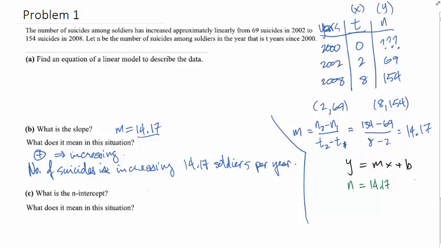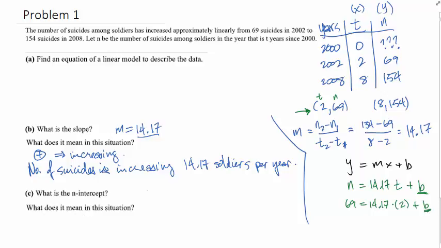Our x is actually t, and our b is the variable that we're looking for. So we're going to borrow some values from one of these points. Either one would work. Let me just choose the first one. So t is equal to 2 and n is equal to 69. When we put those values in, 69 is equal to 14.17 times 2, plus b. This will allow us to solve for b.